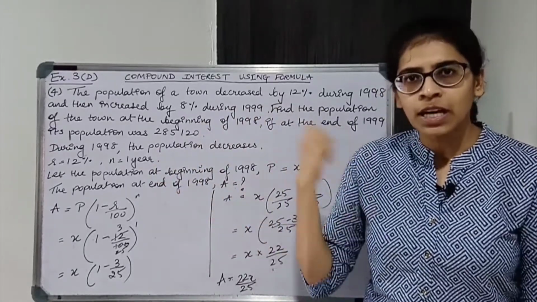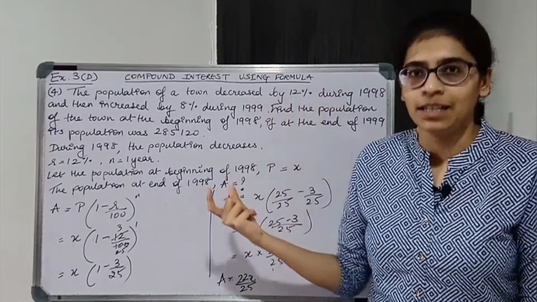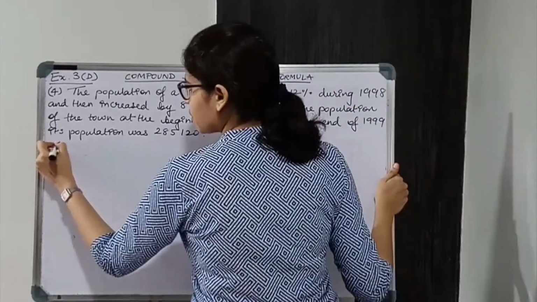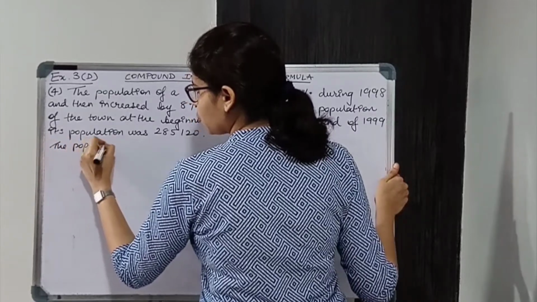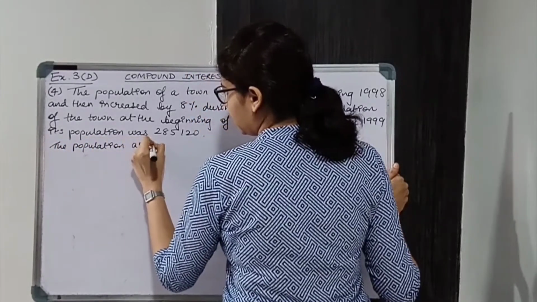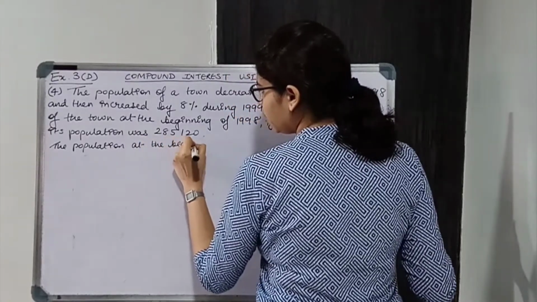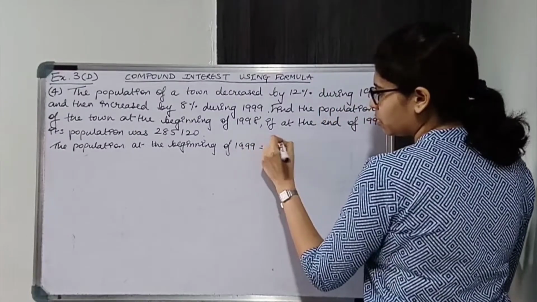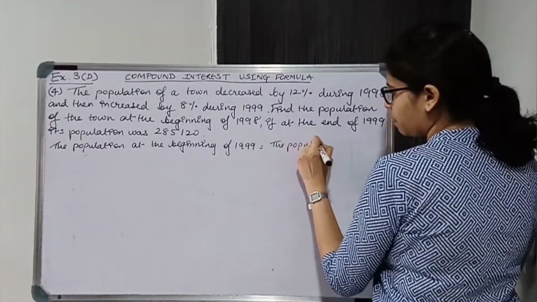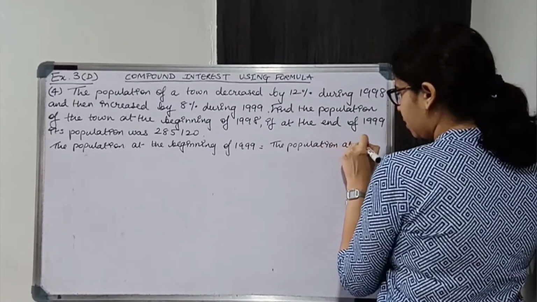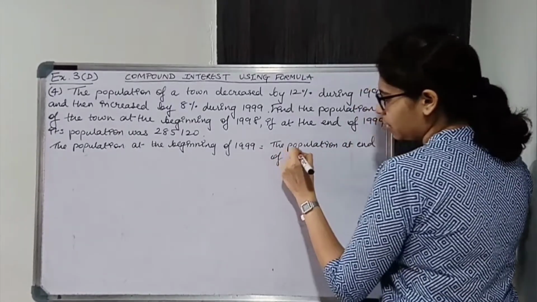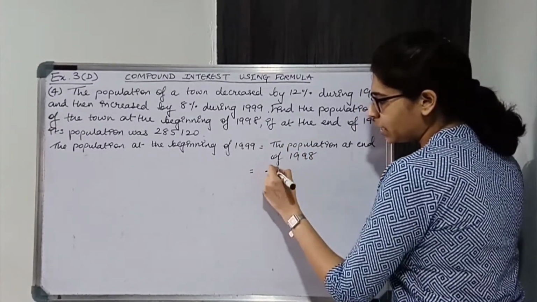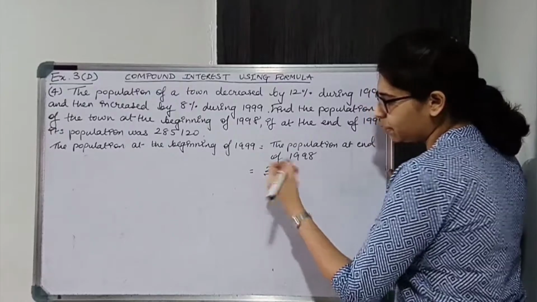Okay, so now we'll write down the population at the beginning of 1999 is equal to the population at the end of 1998. So we just found it, it is 22x upon 25.